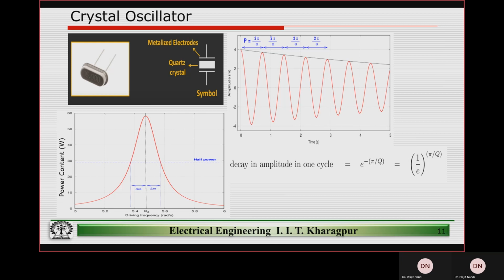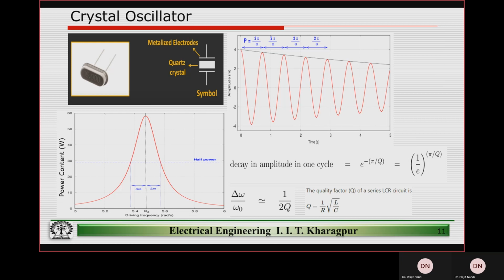So you want delta omega to be as narrow as possible so that this curve becomes as sharp as possible. And that brings us to another way of defining the Q factor, which is inversely proportional to delta omega.